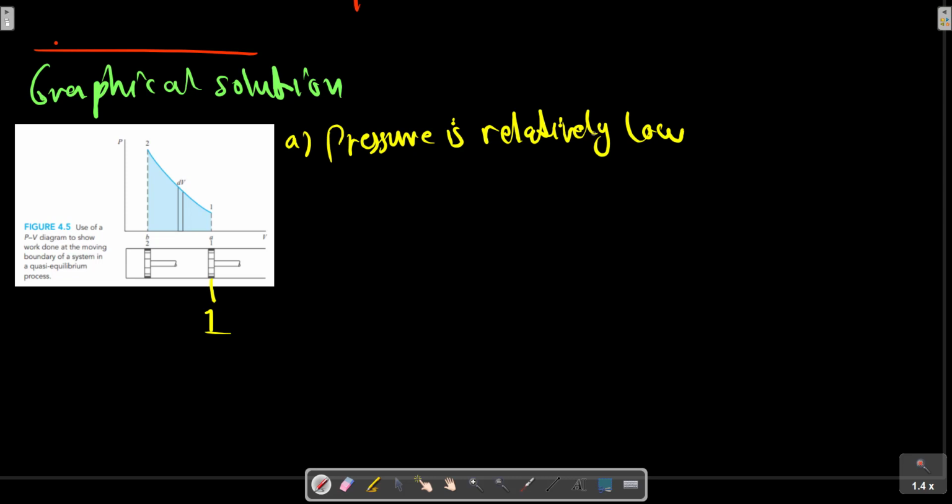This state is represented on a pressure volume diagram at this point. At the conclusion of the process, the piston is in position 2, this point. And the corresponding state of the gas is shown at point 2 on the PV diagram. In this case, the higher pressure state.